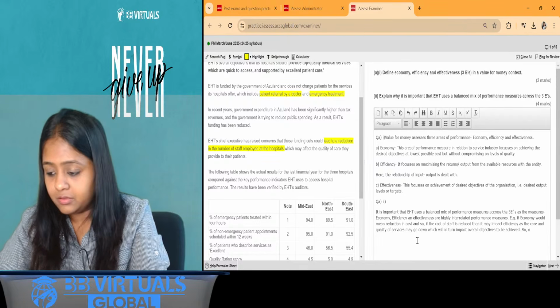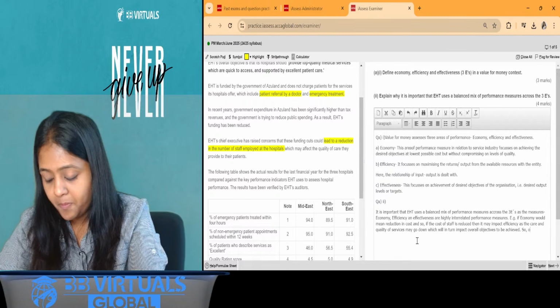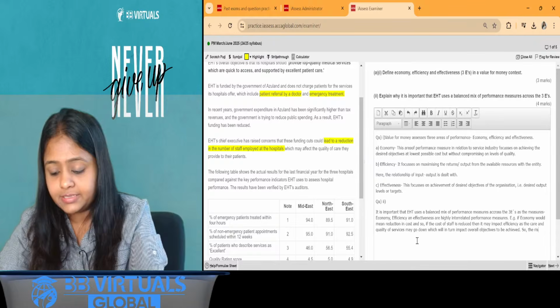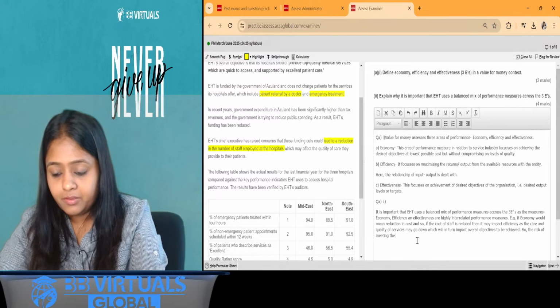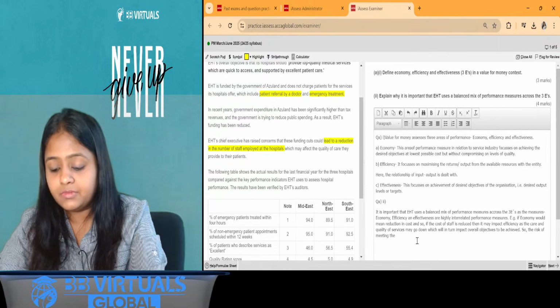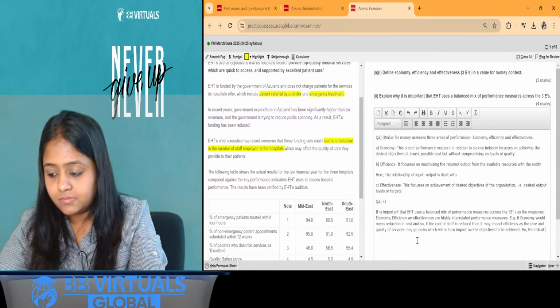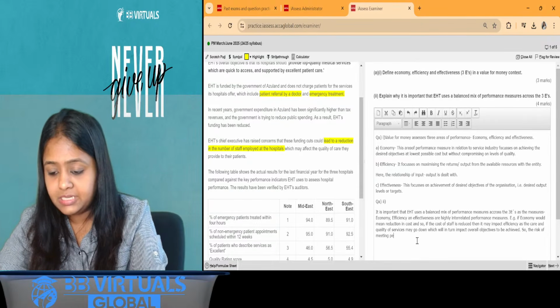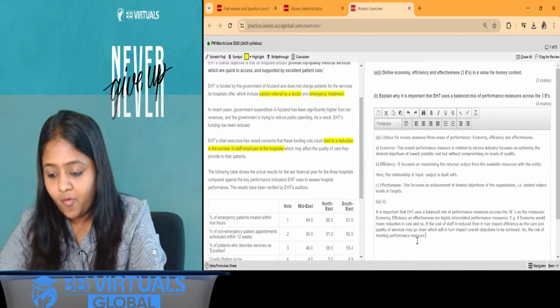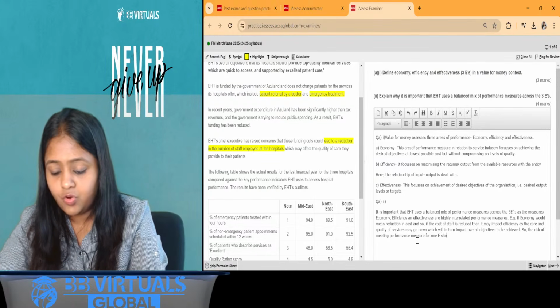The risk of meeting the performance measure for 1 E should not be detrimental to the other 2 E's.